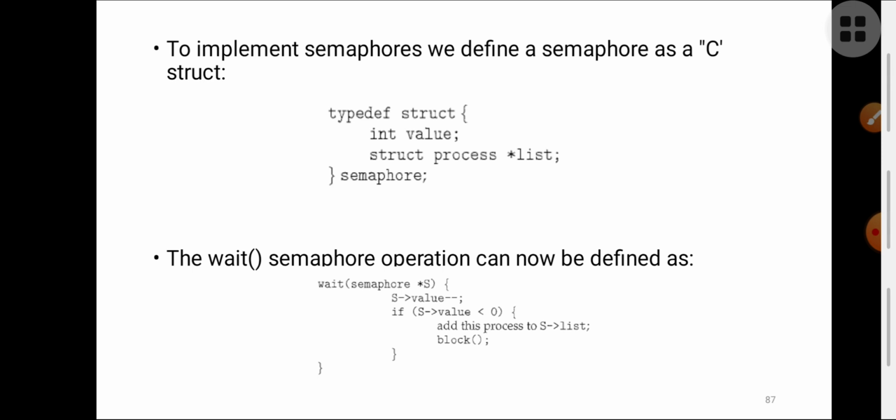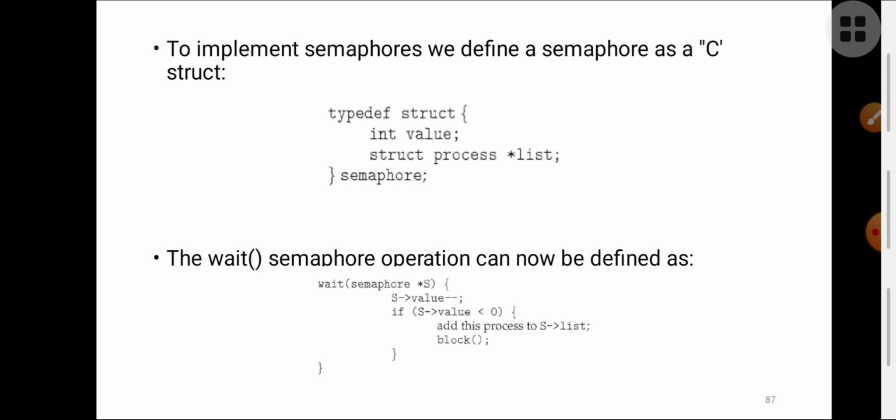The wait semaphore operation can now be defined as wait(semaphore *S): S->value--; if S->value is less than 0, add this process to S->list and block the process. Since it is a decrementing count, once the count value goes below 0, it blocks the processes.